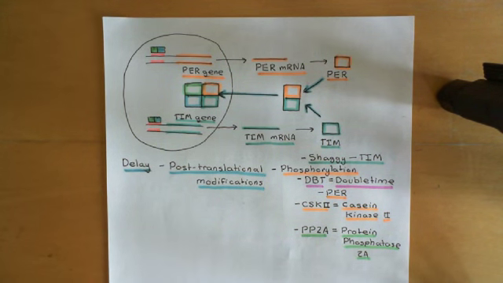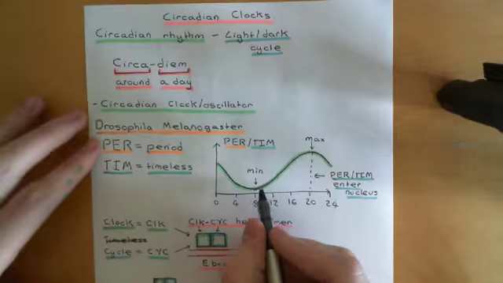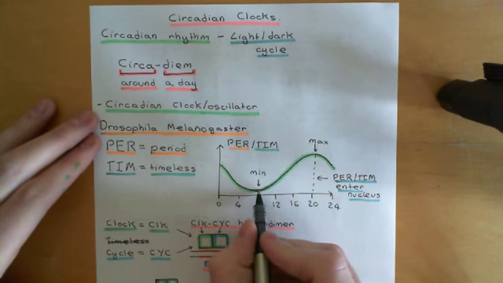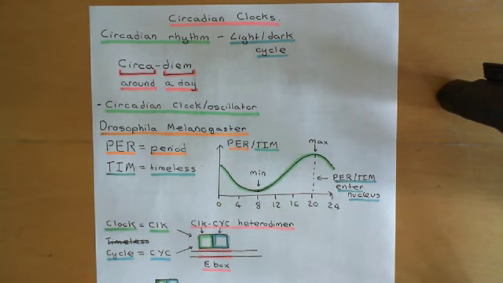By 8 o'clock in the morning we have done it, and therefore our clock cycle heterodimers are now once more free in the nucleus, and then you can just begin it again. We're right back where we started. No period timeless, clock and cycle are all free, and then we can just go around this exact same cycle again, basically. Okay, and that goes round and round and round, and that is the circadian oscillator then that is present within the Drosophila Melanogaster cells.